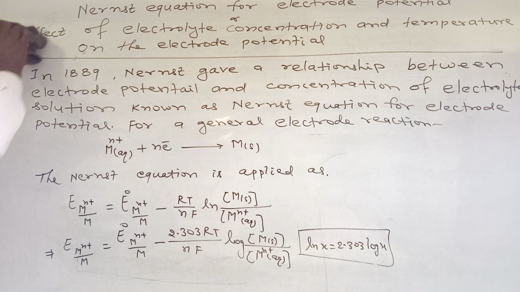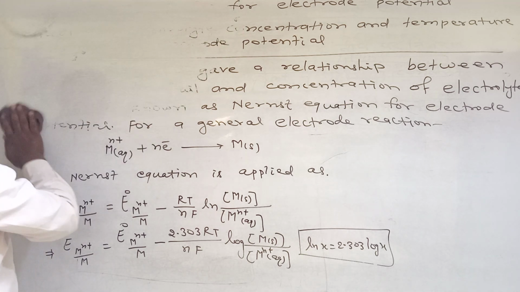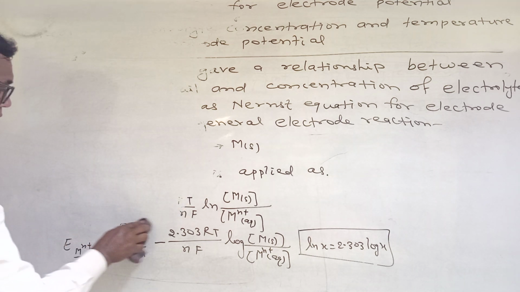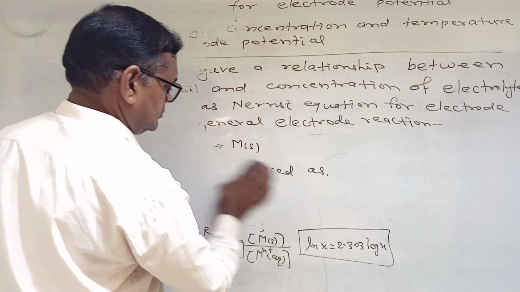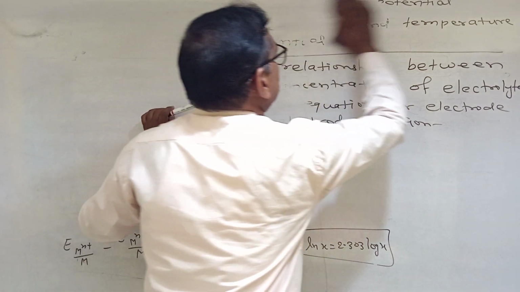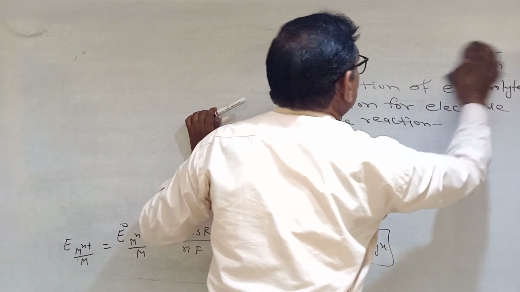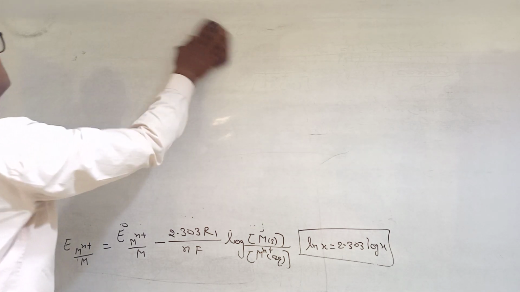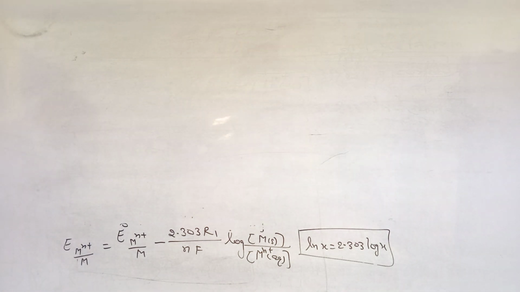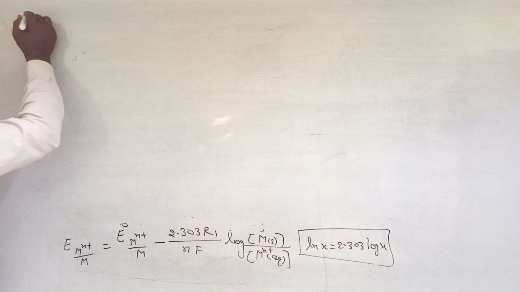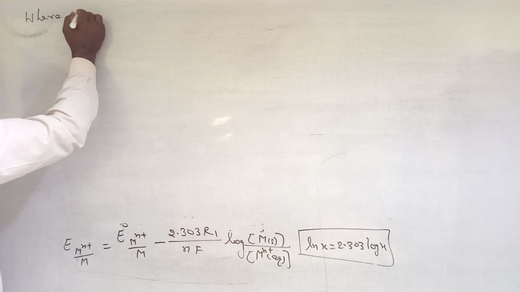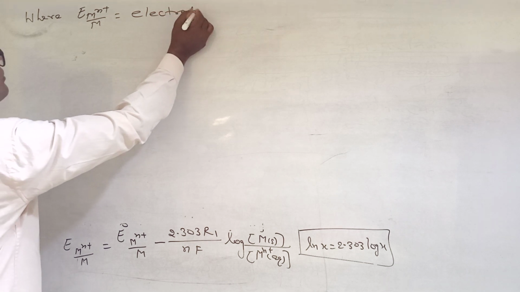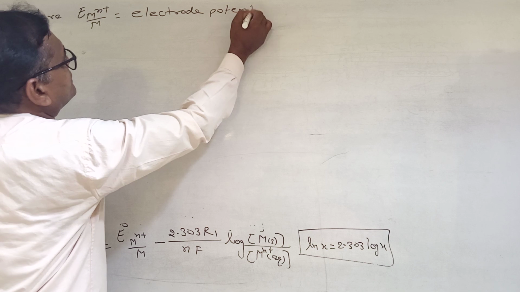Now we write where E is the electrode potential.